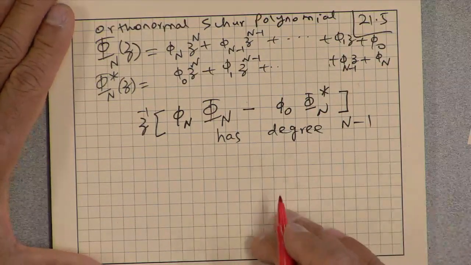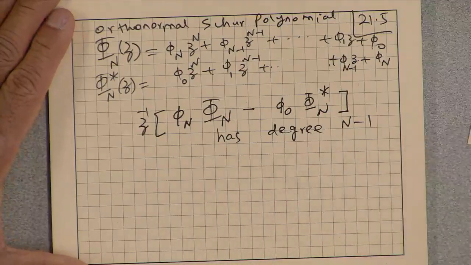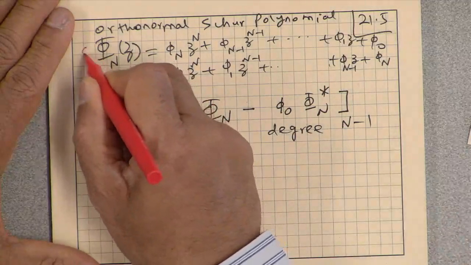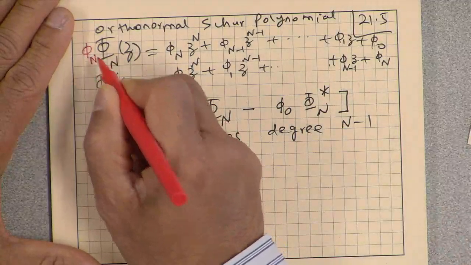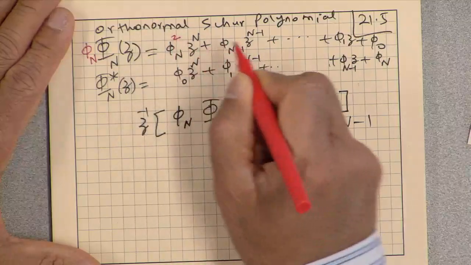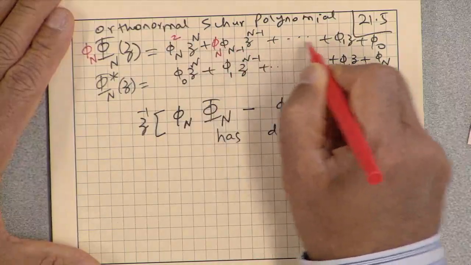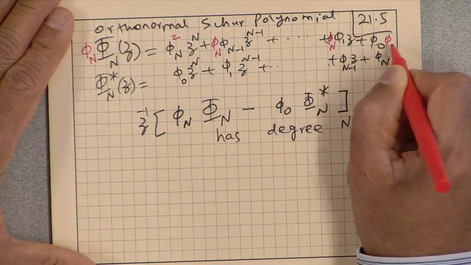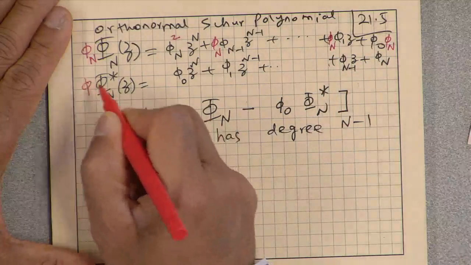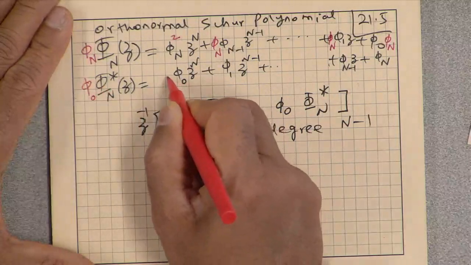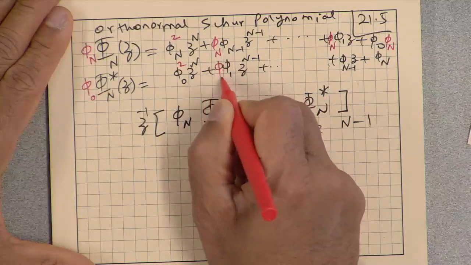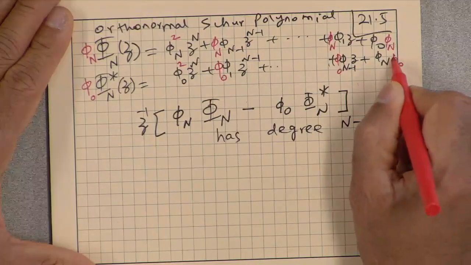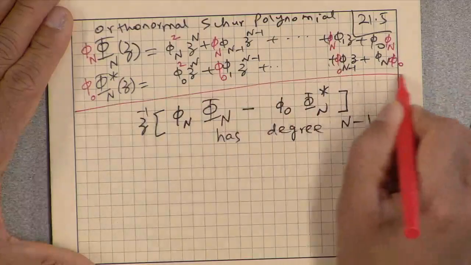So the first observation is, if I'm going to reduce the degree by 1, let's try to multiply this by phi n. Okay, so this is phi n squared, phi n, phi n, phi n. And multiply this by phi 0, and then subtract them.